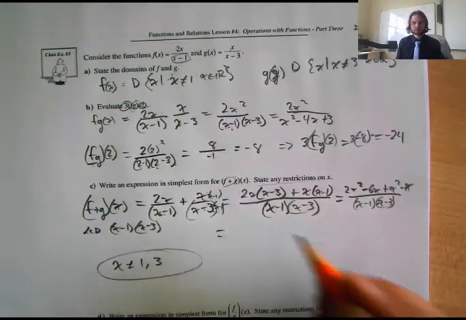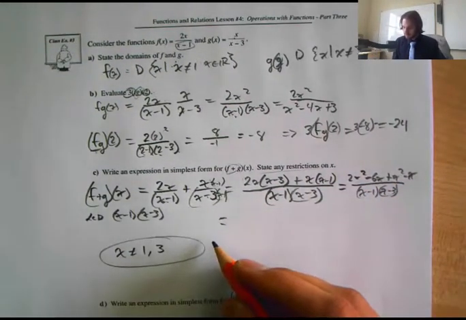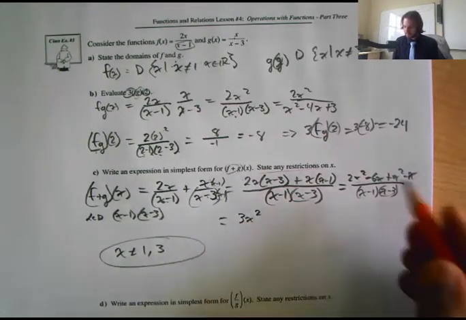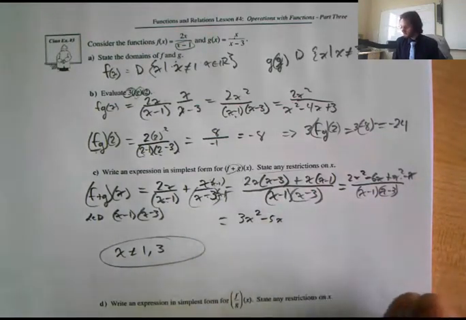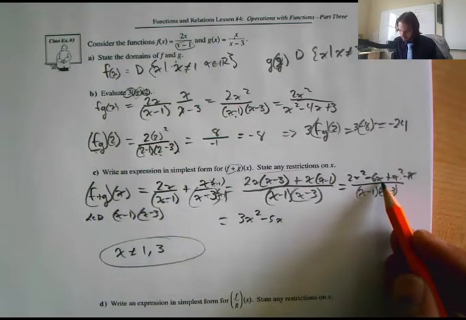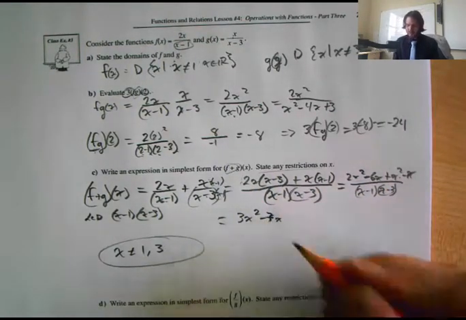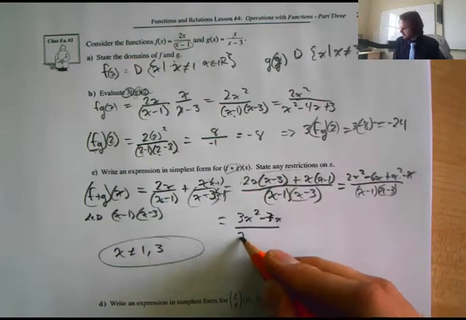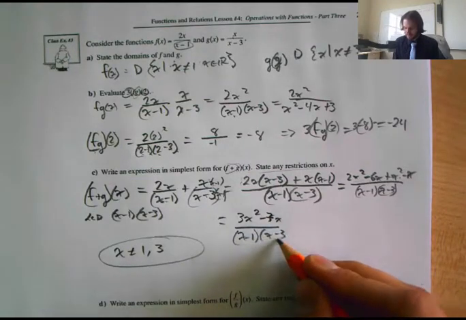Simplify this a bit more. Combining these together, I'm going to get 3x squared minus 7x, all over x subtract 1 and x subtract 3.